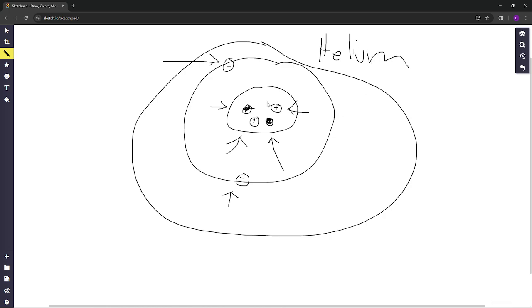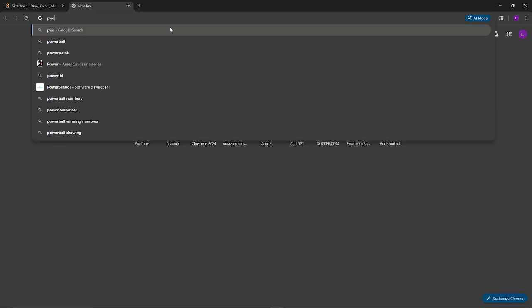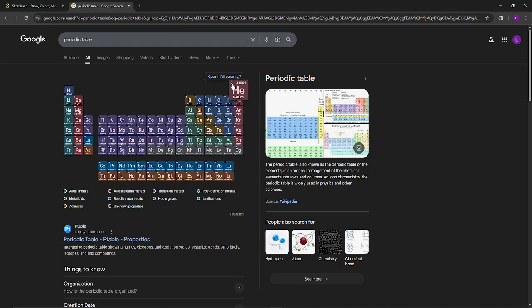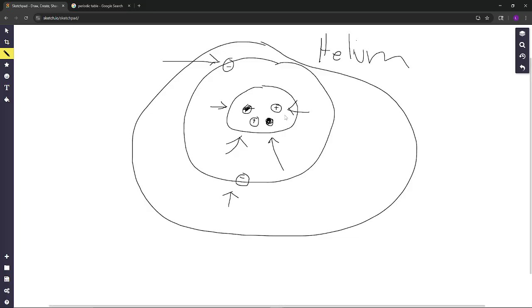It's because on the periodic table, helium, I can show you this real quick, helium has 2, right? So it has 2, that is its atomic number. And if you also look at something, it has 2 protons.